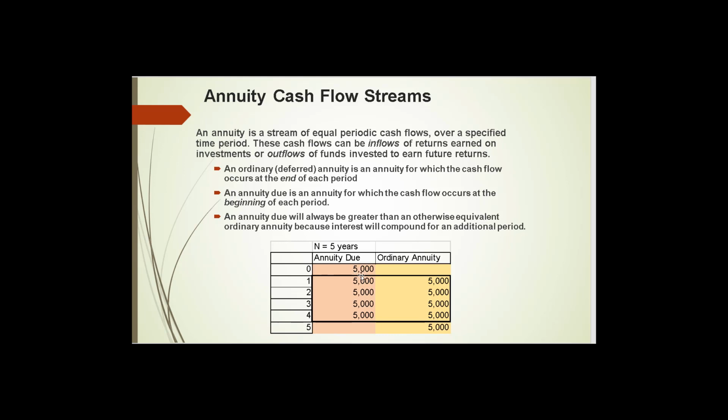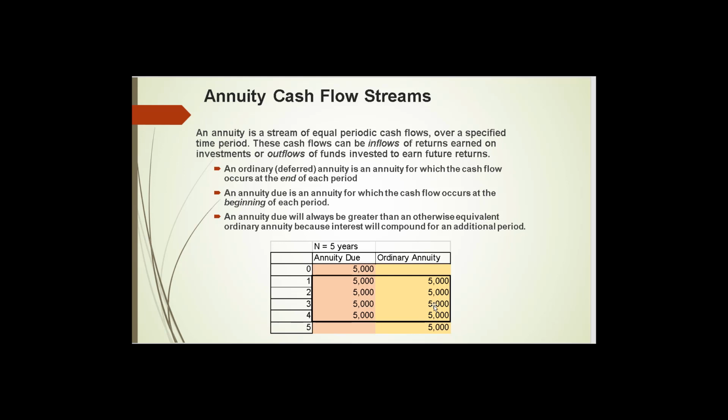So here we have $5,000 invested every year for the next 5 years. So that's 5 cash flows. An annuity due has 5 cash flows, but of course they don't start until the end of this period. If you notice, all of these cash flows in the middle in the box here are identical, so they will not make one cash flow stream bigger or smaller.